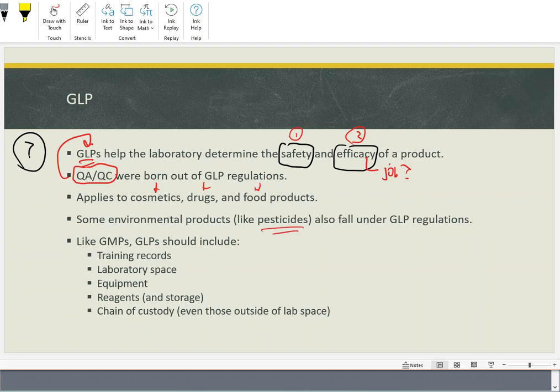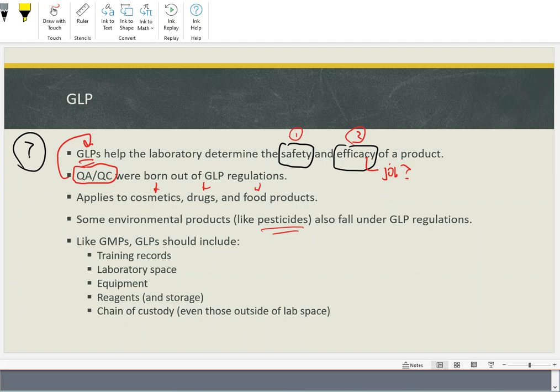We also have environmental types of products that are going to be tested, that are going to be performed in a laboratory with GLPs in mind as well. It's not just the FDA, but really fair game, to be honest with you. All laboratories should be operating in this particular way.